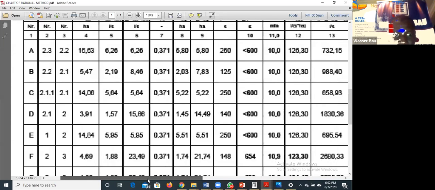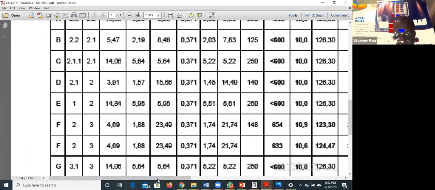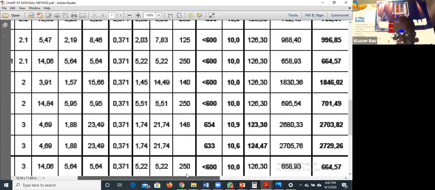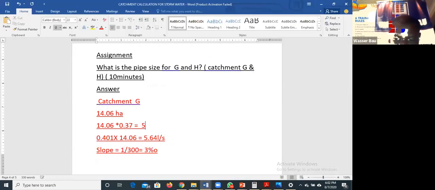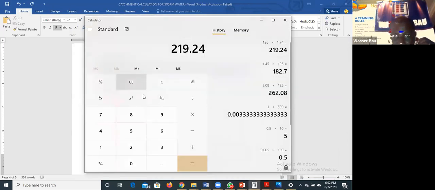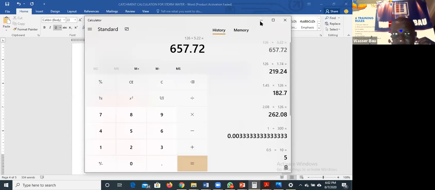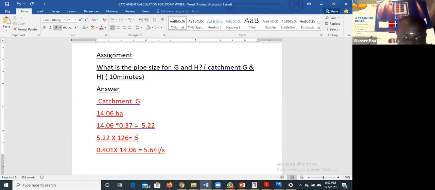So that will give you 5.22. Therefore, the intensity 5.22 multiplied by the rain intensity, whatever you get, 126 multiplied by 5.22, that will give you 657 liters per second.